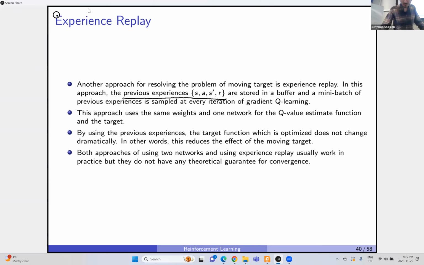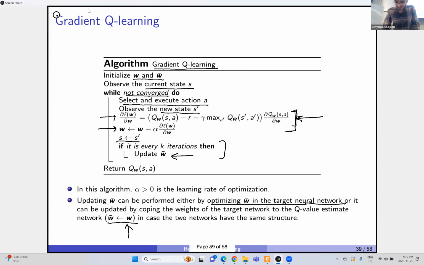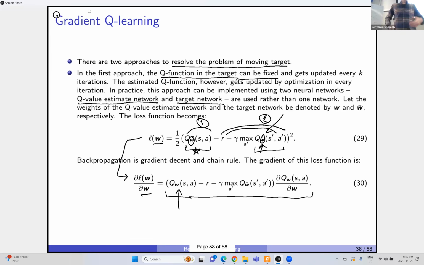So here in experience replay, I don't have two networks. I only have one network for both Q functions, okay? Only one network, but the network for this second Q doesn't change a lot, right? The network for both of these Qs doesn't change a lot. As a result, I can hope that it converges because I'm using my previous history.